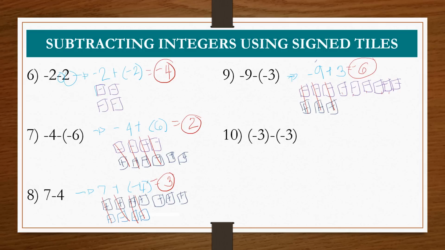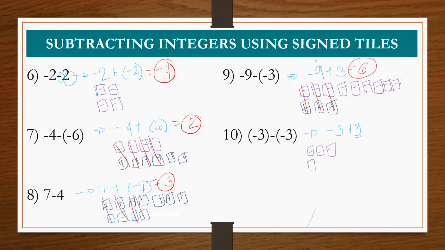And for the last example, again we rewrite it. So we have negative 3 plus 3. Okay, so negative 3 first. So let's draw 3 negative tiles. And then 3 positive tiles for the addend.